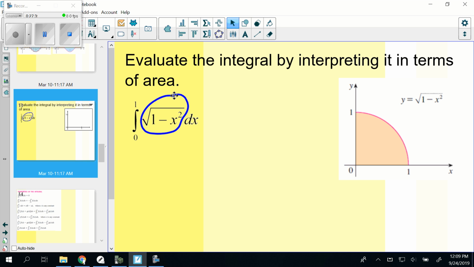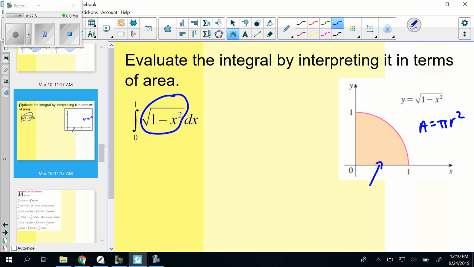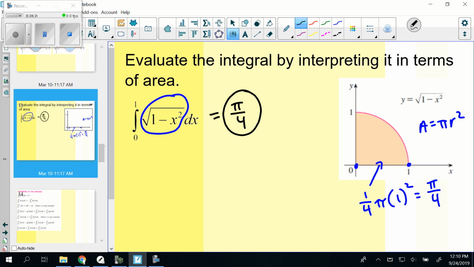So even though we might not be able to calculate that out with some of the techniques you might remember, you should still be able to find this area, because if it's part of a circle here, we know area of a circle is pi r squared. For a whole circle, this being a quarter of the circle, then the area of that would be 1/4 pi r squared. The radius would be 1, and so the area of this would be pi over 4. So even though you might not be able to calculate some of these out, you might have to think geometrically on some of these in order to do that.